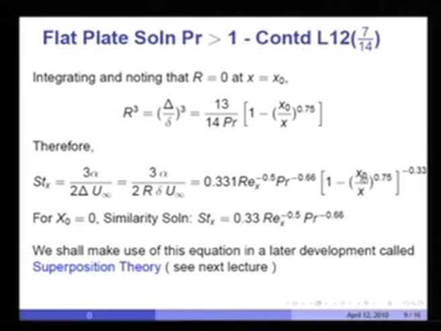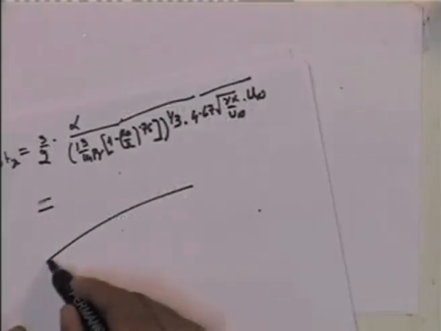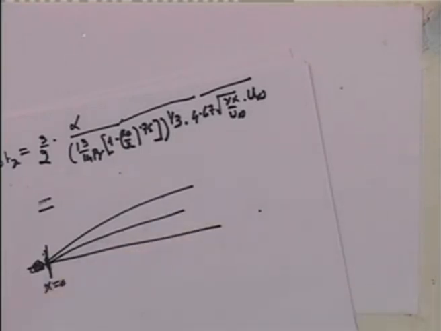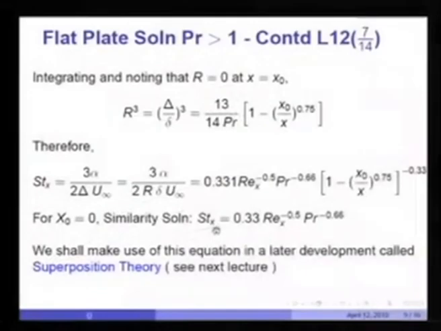When obtaining similarity solutions, we had thermal boundary layers and velocity boundary layers growing at the same point x equal to 0. And therefore, in effect this was x naught equal to 0, and the similarity solution was 0.33 Reynolds x to the minus 0.5 Prandtl to the power minus 0.6.